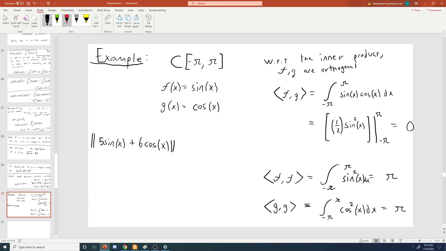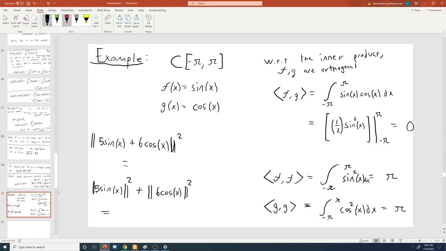Well, since we know that f and g are orthogonal, the Pythagorean law tells us that the square of this norm is the same thing as the norm of 5 sine of x squared plus the norm of 6 cosine of x squared.